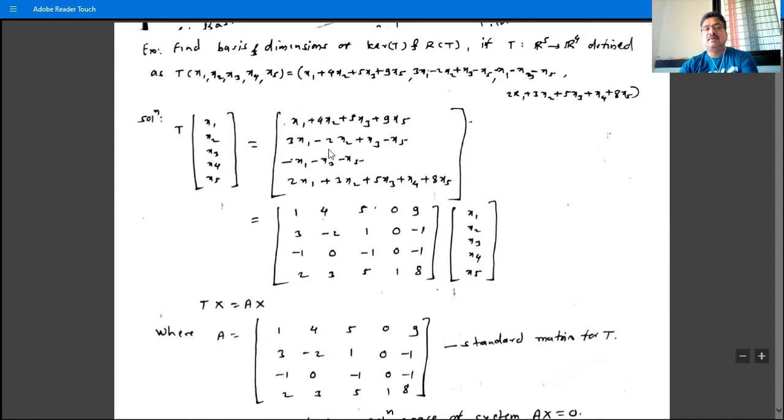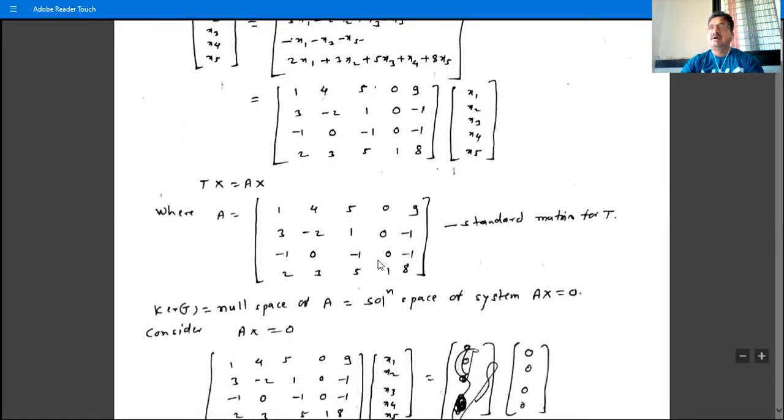Similarly, 3, -2, 1, then the x4 coefficient is 0 and x5 is -1. Then -1, 0, the coefficient of x2 is 0, x3 is -1, x4 is 0 and x5 is -1. And then the coefficients 2, 3, 5, 1, 8.